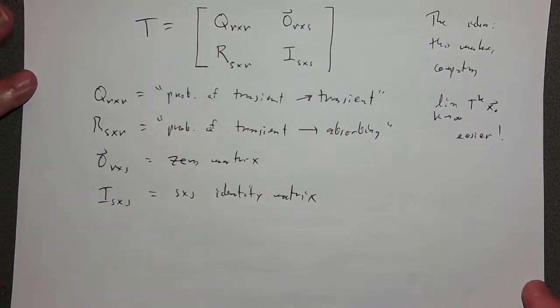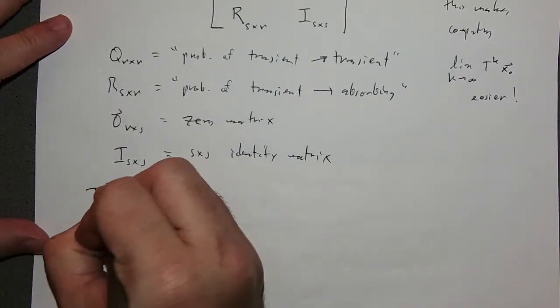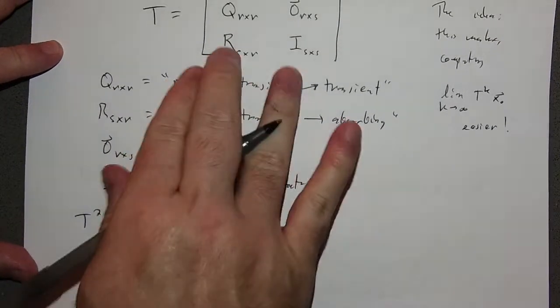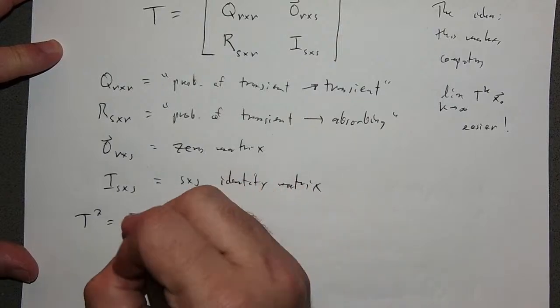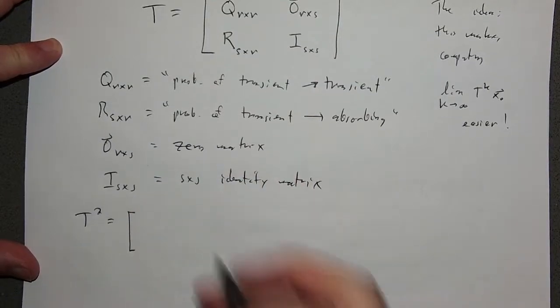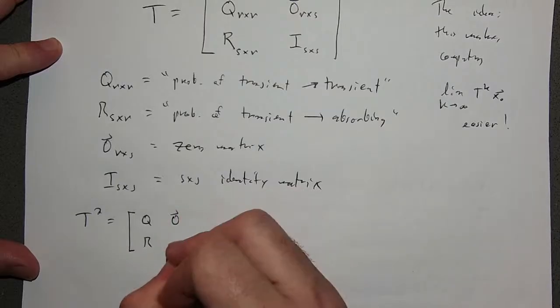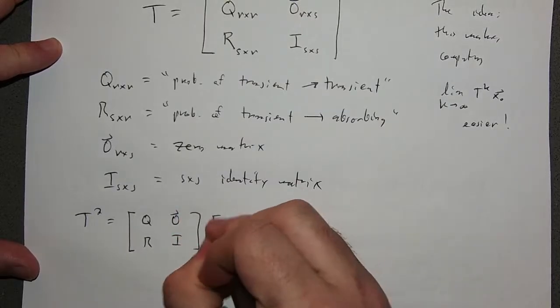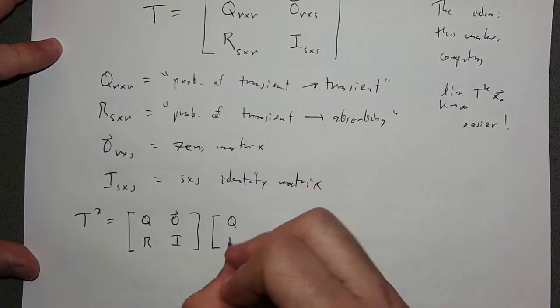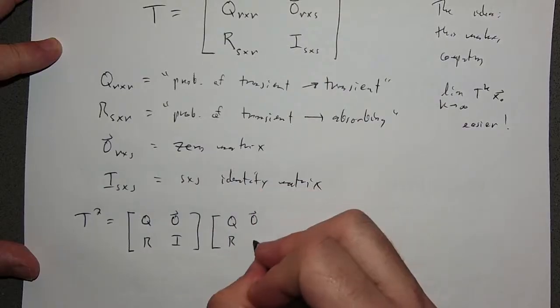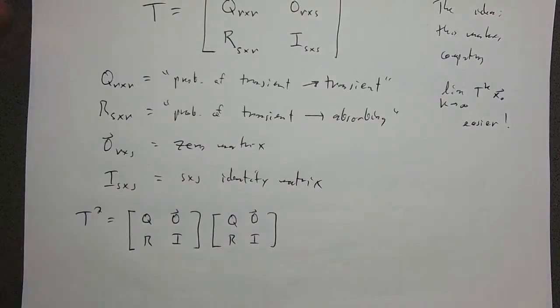To see how this works, what is T squared? I'm going to write it out fully. So this would be Q, R, 0, I times itself. You can check that these dimensions all work out for what I'm about to do.